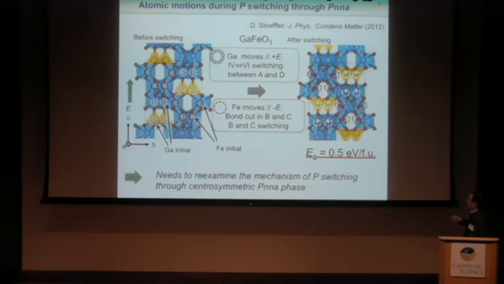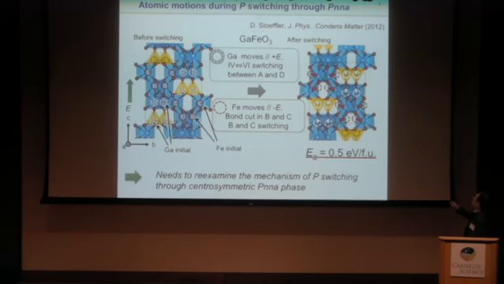When the electric field is applied, the coordination change occurs along the C direction. For example, the original tetrahedron and octahedron turn into octahedron and tetrahedron. And this is the most important issue of this model.